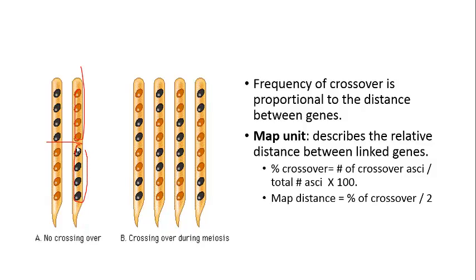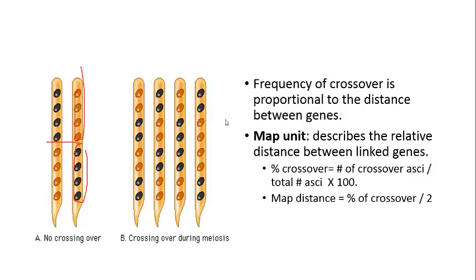It could be tan then black, or black then tan. If you have any arrangement of 2, 2, 2, and 2, this showed that when this diploid zygote went through meiosis, crossing over took place, and it rearranged all of the spores inside of the ascus.